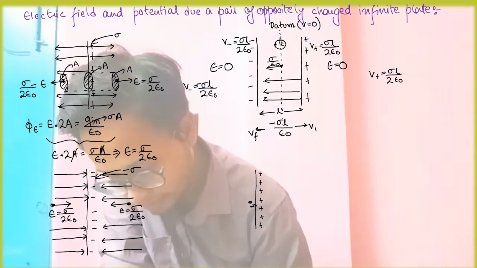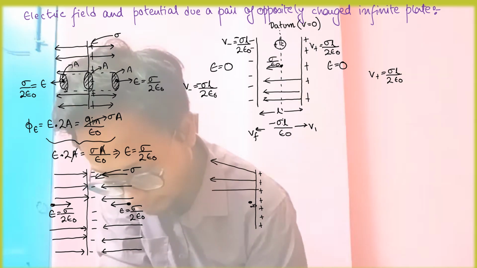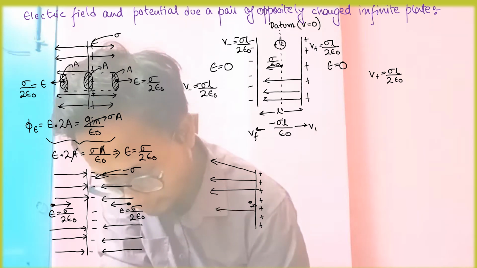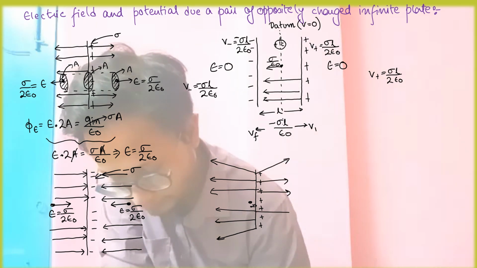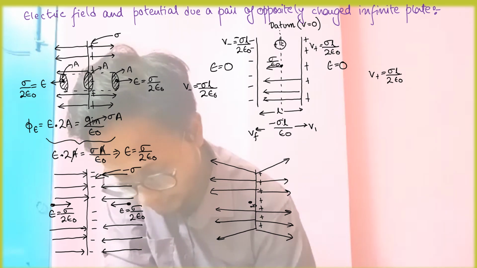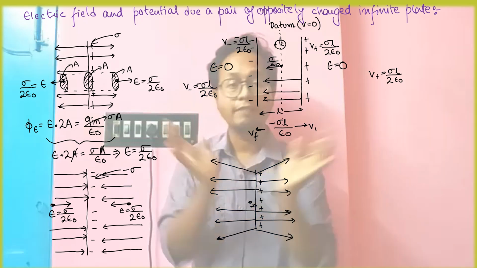If the charged plate is not infinite, it would look somewhat like this. It would be a mirror of each other. There will be a little bit of diverging outward.